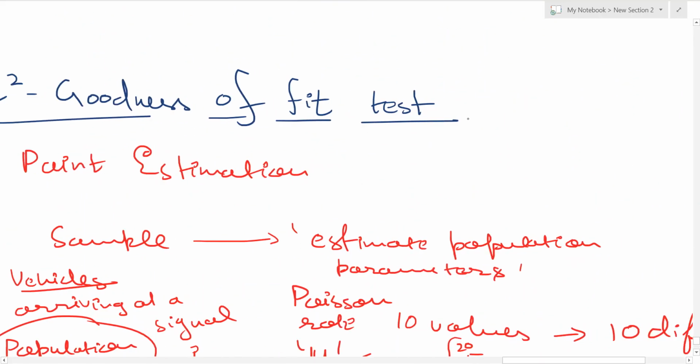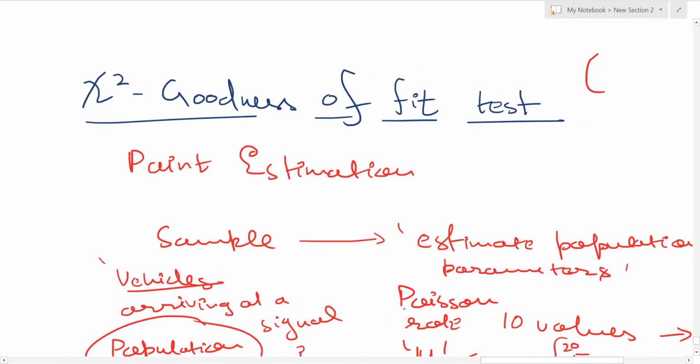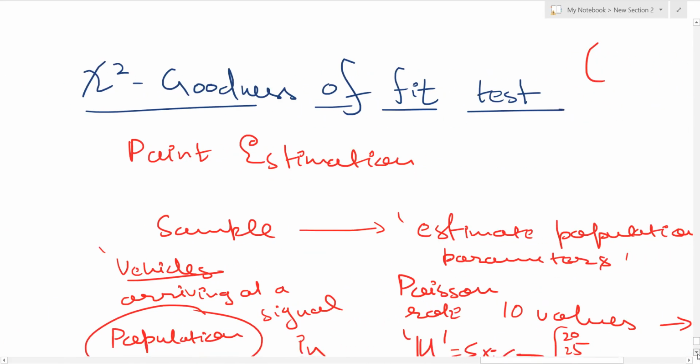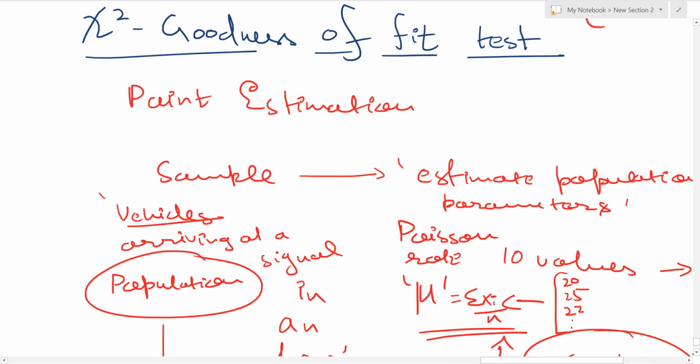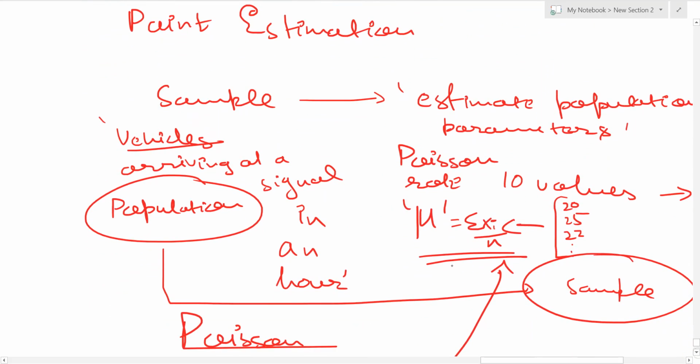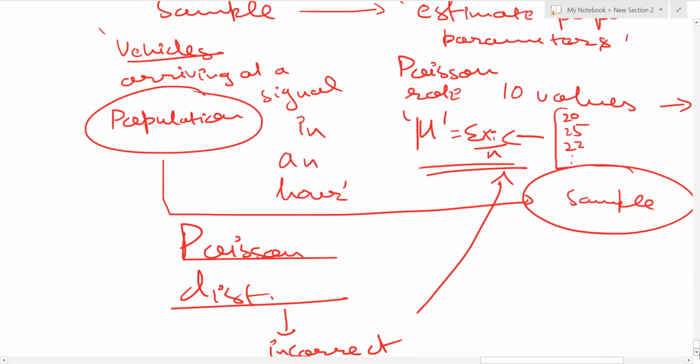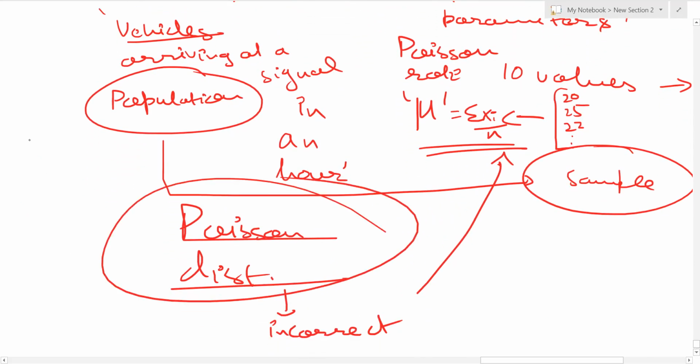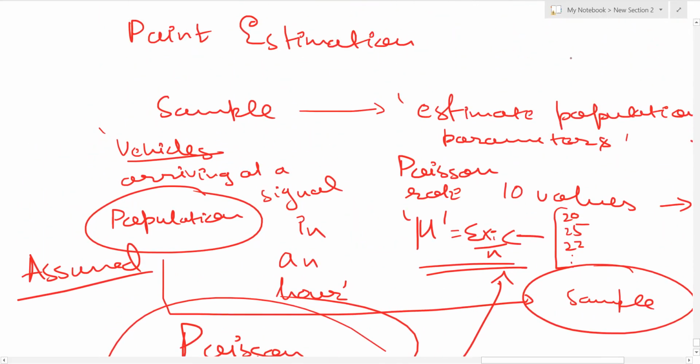I am going to check the distribution after applying this point estimation. Once I've applied point estimation and figured out the value of mu, assuming a particular distribution, I am going to check my distributional assumption, whether the initial assumption that the vehicles arriving at the signal had a Poisson distribution holds or not.